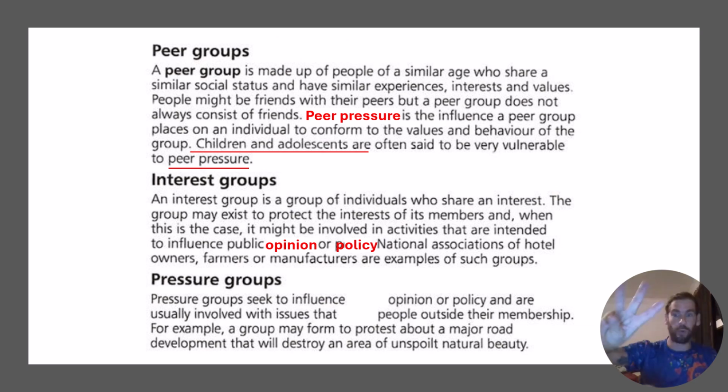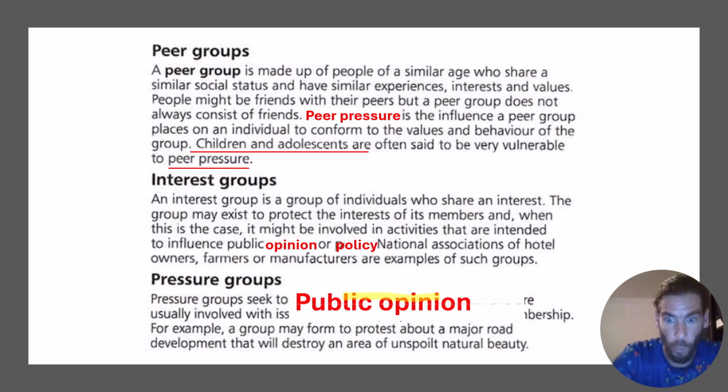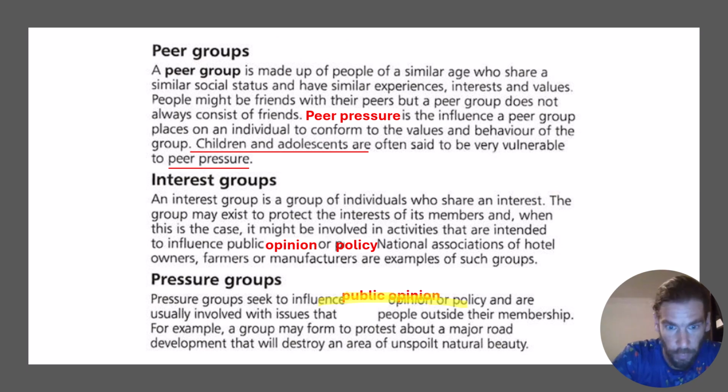Group number 3, the last one of this video, pressure groups. Pressure groups seek to influence public opinion, there we have it again, or policy, and are usually involved with issues that affect people outside their membership. So it's not just about people living in that neighborhood.